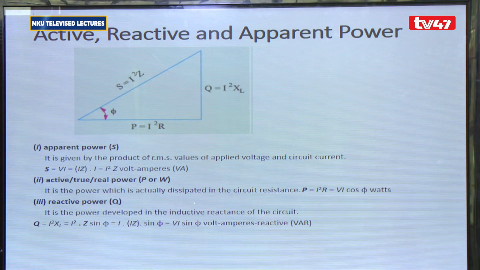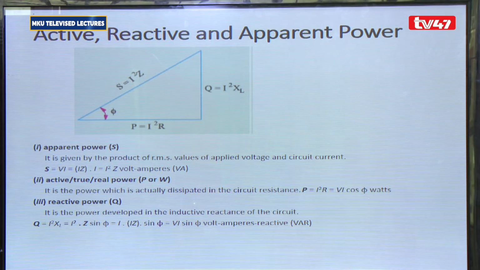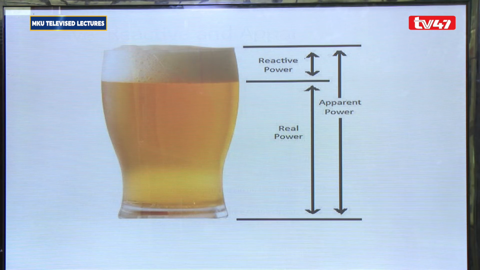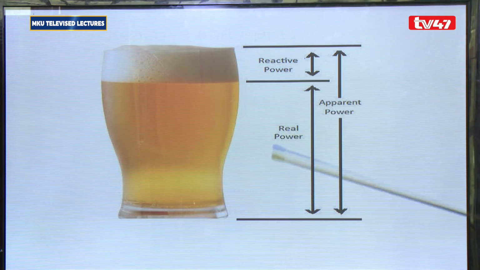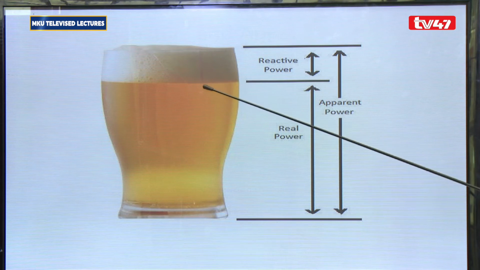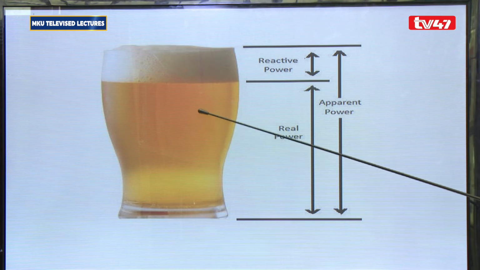Now, just to be able to understand a little bit on this active, reactive, and apparent power, I have a photo here which is very pleasing to some people, and you can see there is some content here, and this content is the one that actually quenches the thirst.